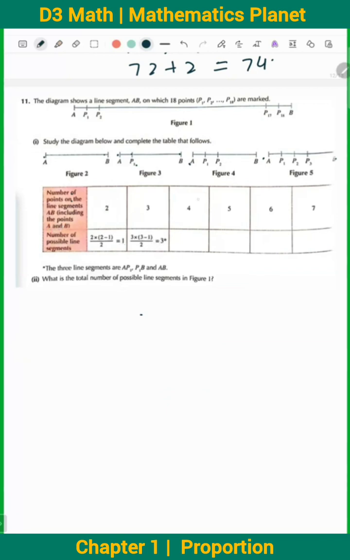If there are 4 points, 1, 2, 3, 4, how many line segments should there be? There should be 3 line segments. Yes.